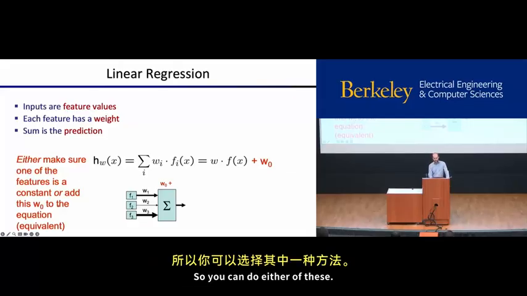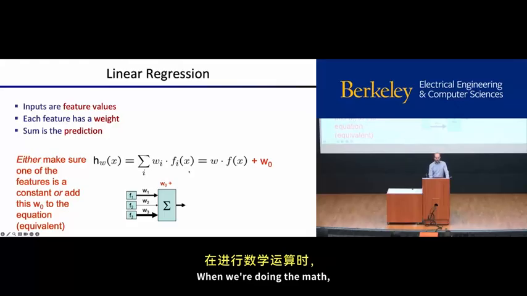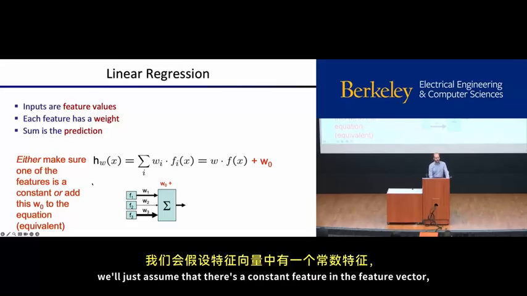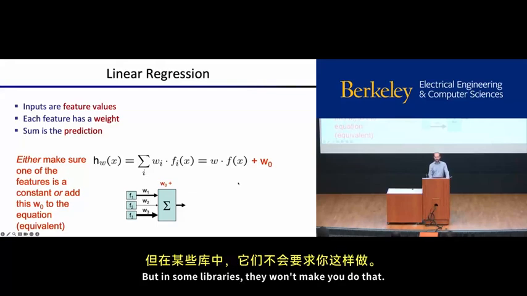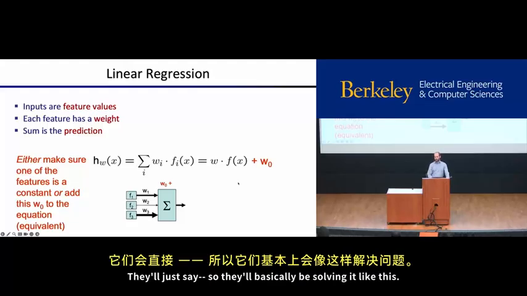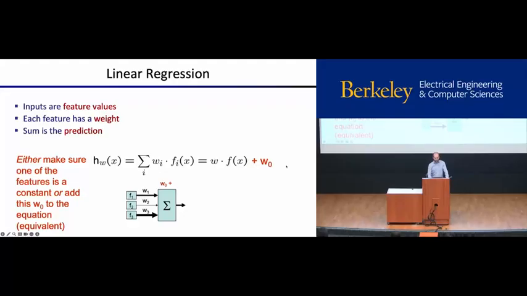So you can do either of these. When we're doing the math, we'll just assume that there's a constant feature in the feature vector because it's fewer symbols to push around. But in some libraries, they won't make you do that. They'll basically be solving it like this.